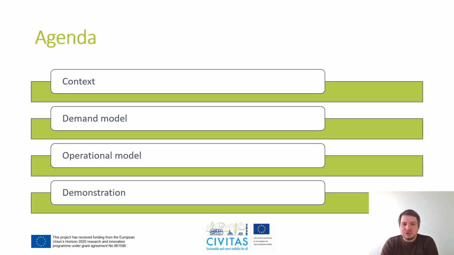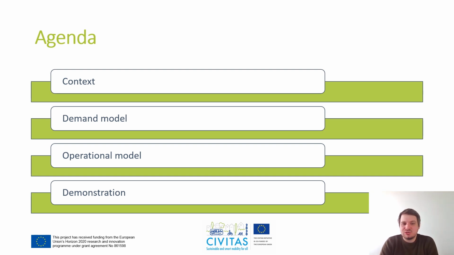To give you a quick overview of this lesson, I will first set a bit the context, talk about the specific use case for the city of Lyon and what are the goals of this modeling. After, I will present you a demand model on parcels, which gives us information on how many parcels need to be delivered on a specific day in a territory.